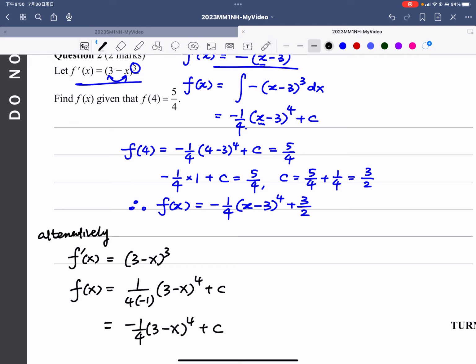And that should yield the same answer, because (3 minus x) to the power 4 is the same as (x minus 3) to the power 4, okay?